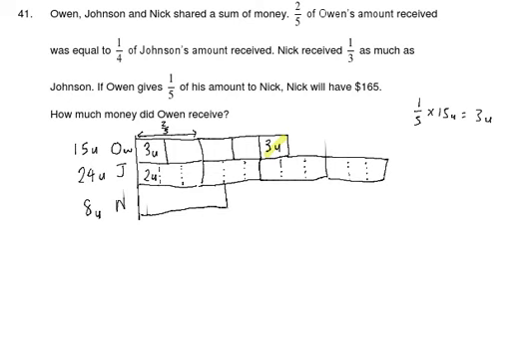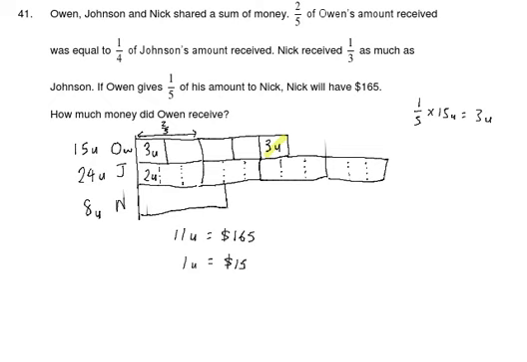Now, when he gives 3 units to Nick, how many units does Nick have altogether? 11 units. And 11 units equals to how much? 165. So I have 11 units equals to $165. 1 unit equals to $15.